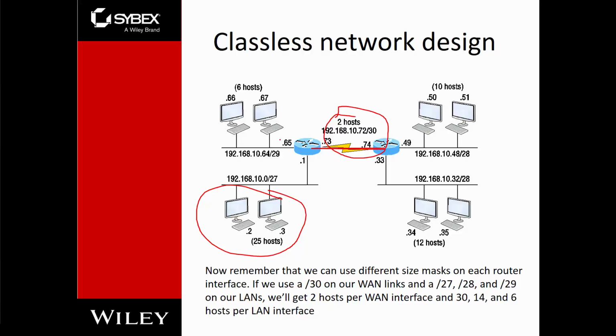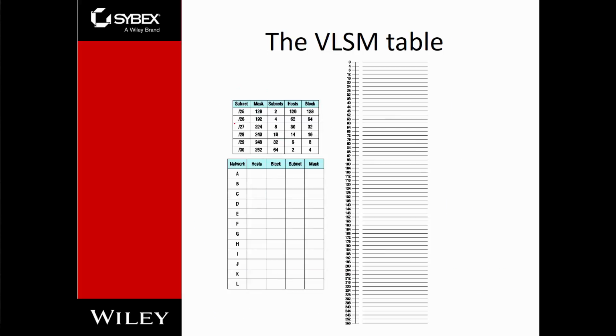Essentially, how we look at this is, if you take the slash number, that's how many ones you have. Let's assume we're working in the 4th octet. So the first 3 are already full of ones, which means there's already 24 ones.